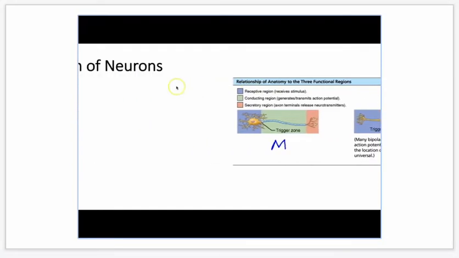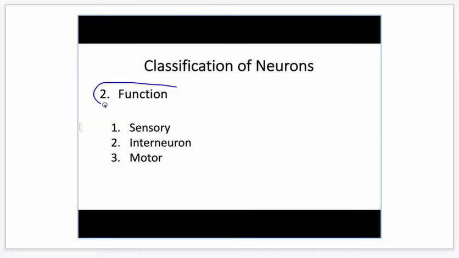A second way that we classify neurons is based on function, and this has primarily to do with the direction of information flow. If a neuron is carrying information into the central nervous system, if it's contained within the central nervous system, or if it's carrying information out of the central nervous system. So let me show you what I mean.